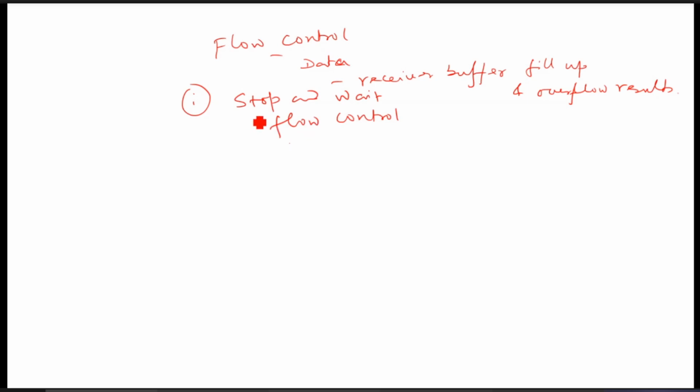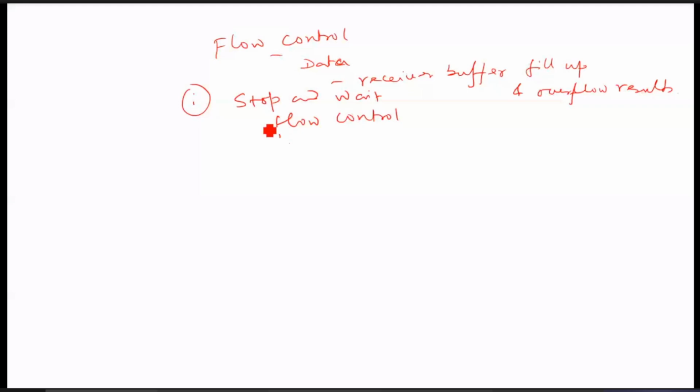Once again, the transmitting entity transmits the frames, and further frames will not be transmitted if the destination entity does not send the acknowledgement. By withholding the acknowledgement, the flow of data can be stopped.